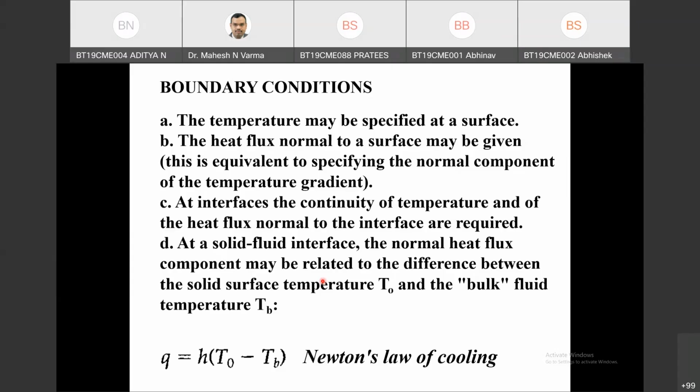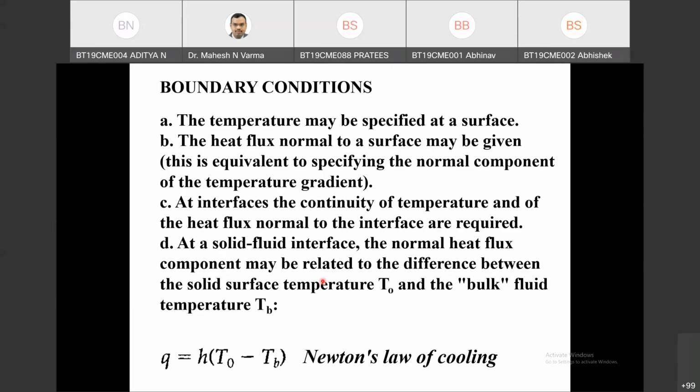Logical boundary condition says that I cannot have an undefined value of a measurable parameter in my system. Temperature is a measurable parameter, and I cannot say that my temperature is undefined. That model will be illogical if my model equation gives an undefined value of temperature at some corner of my system.